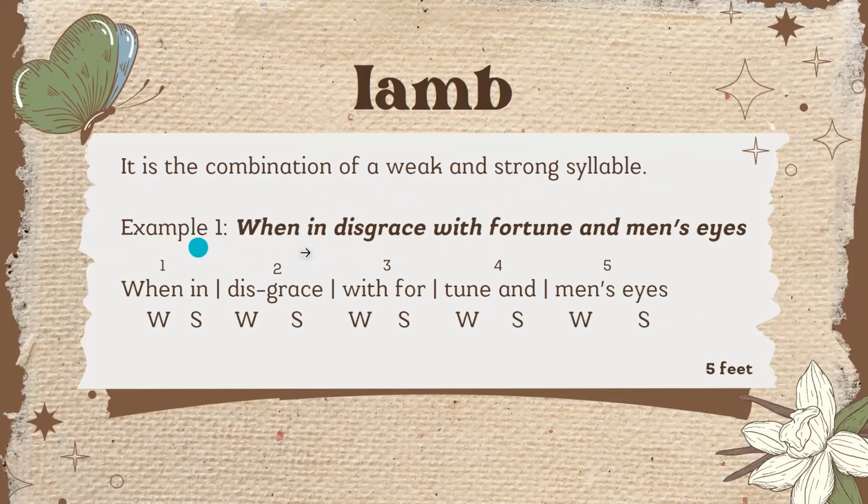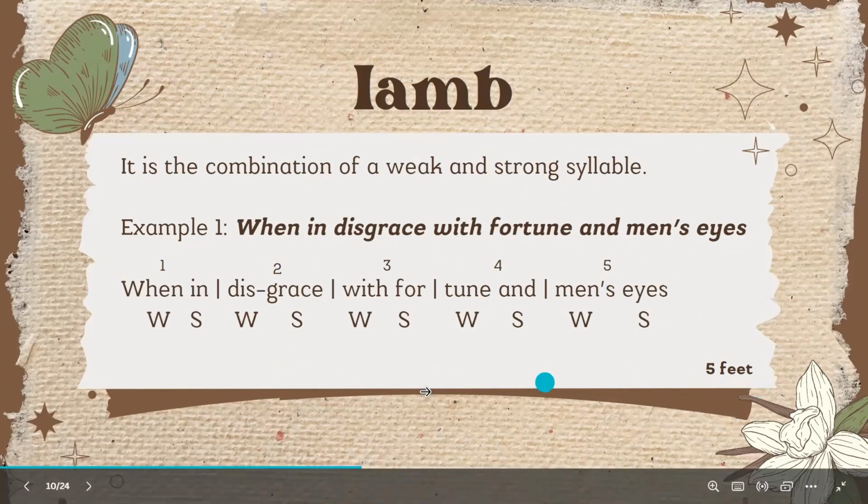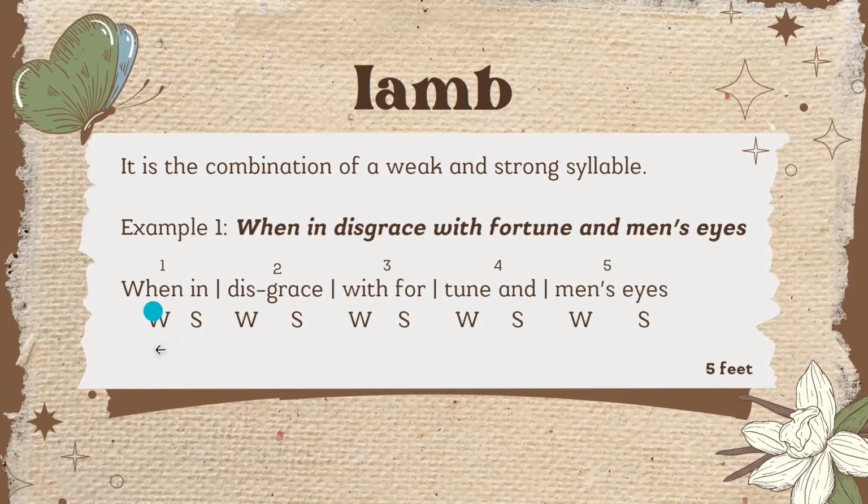We have an example here of sonnet 29 of Shakespeare: "When in disgrace with fortune and men's eyes." We can see that it is five feet. And we have weak, strong, weak, strong, weak, strong, weak, strong, weak, strong.